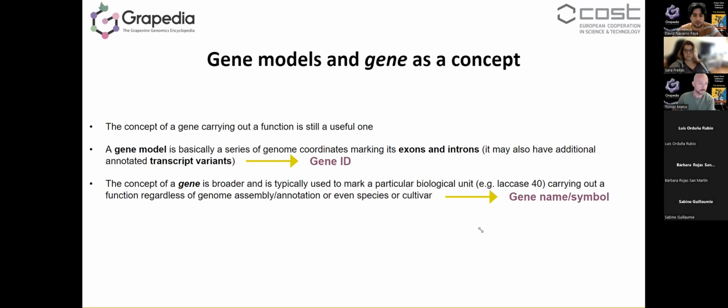And this is something that is reflected by the gene IDs. As you see in Grapevine, we've got many different annotation versions with just one genome. We'll soon have even more genomes and more IDs, so this is something we have to get used to. And then the gene symbol is mostly absent.